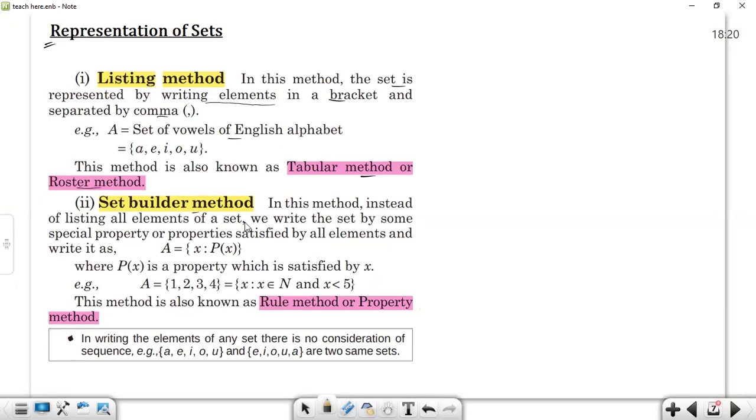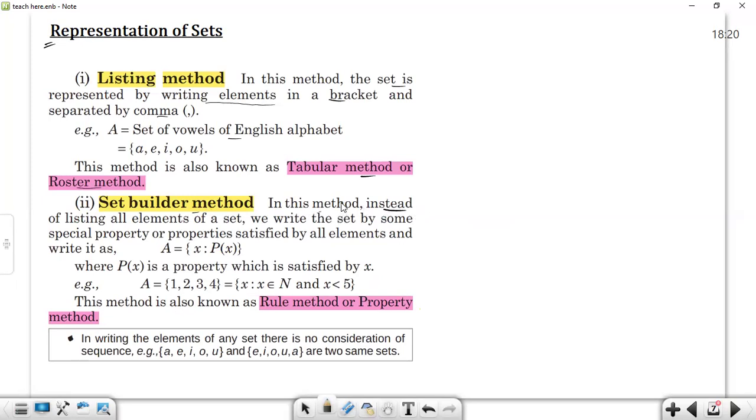When we talk about the set builder form method, a definition is given to us, and from that definition we can work out the elements of that particular set. Let's read the definition.